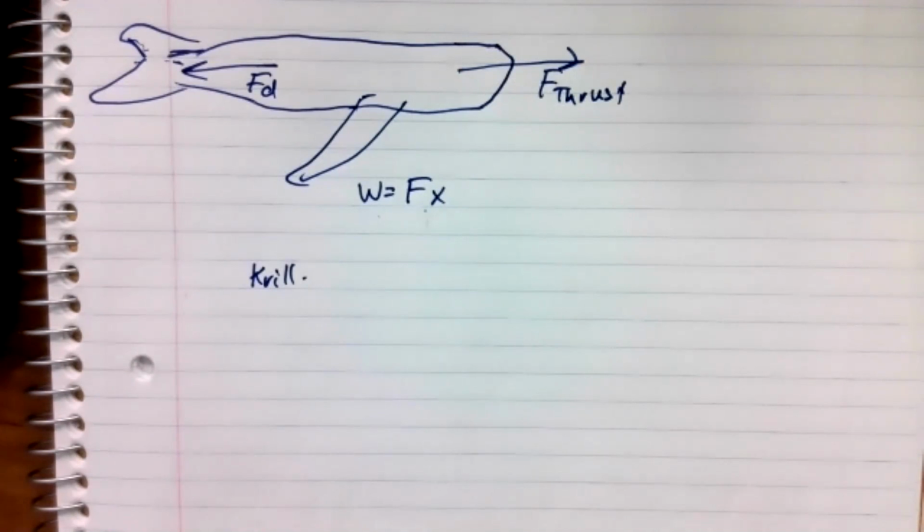So it has to supply enough force to keep it moving all the time. And so that's the amount of force that you're going to use to calculate how much energy. So even though the net force is zero, it still has to overcome drag. If it stops swimming, then it will slow down.